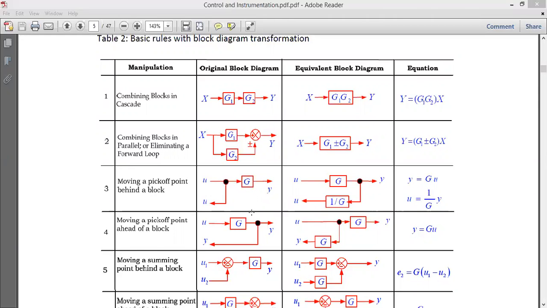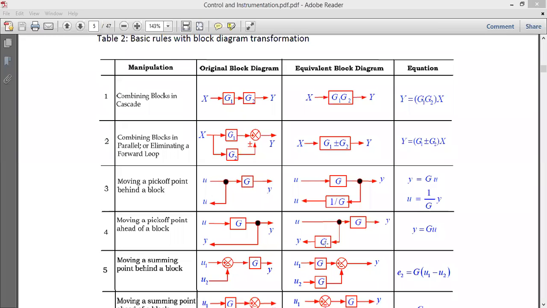During such situations, what you should do is simply shift this takeoff point before the block. But you should add one block called G block, that is the normal G block.